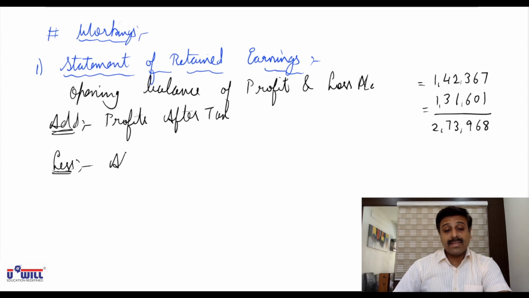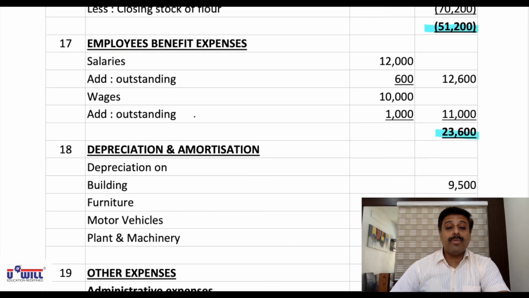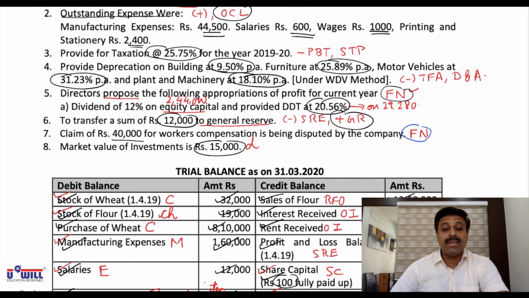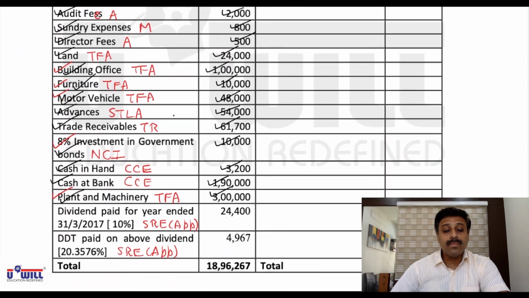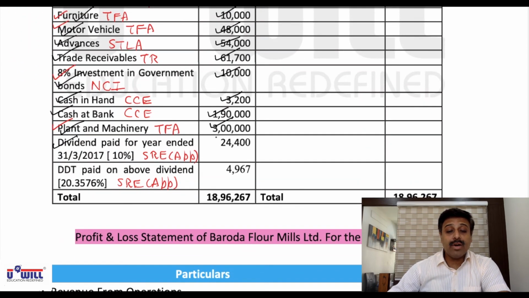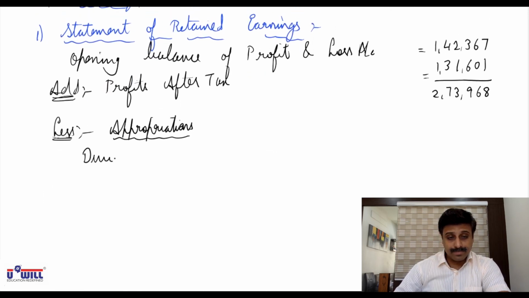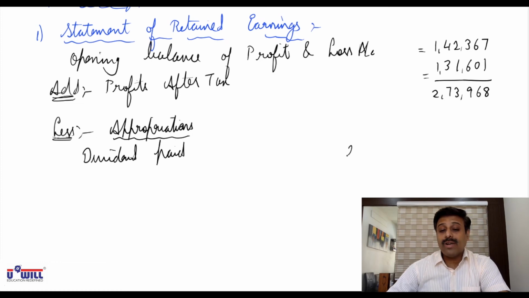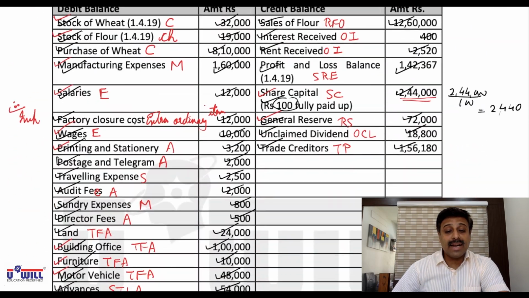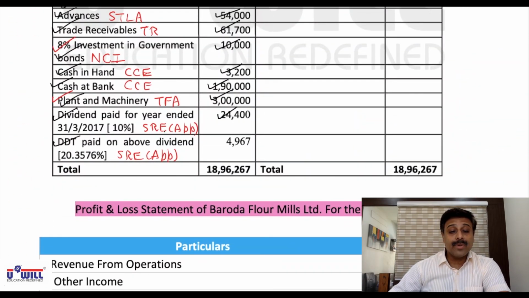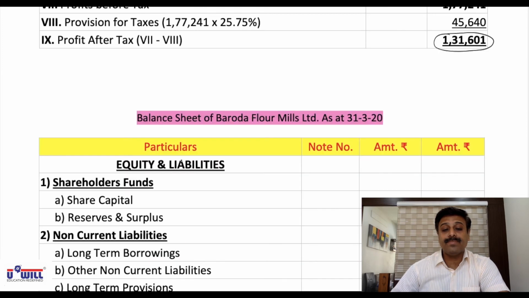From that we will minus appropriations. Appropriations in the P&L statement you find on the debit side. Dividend paid of 24,400. Then dividend distribution tax on that, 4,967.